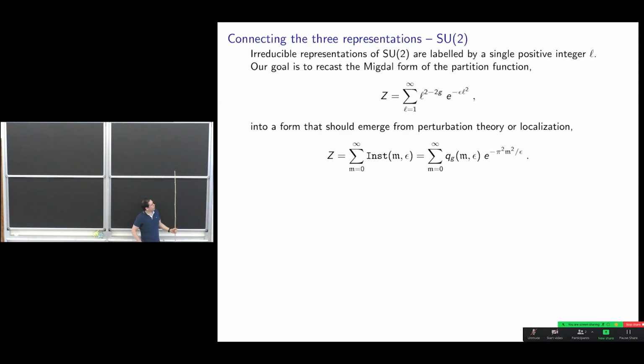The question is, can we recast this expression in an expression of this form, where I have a sum over these instanton sectors, and I know that in the end it should look like this. This is the action evaluated on the instanton sector labeled by the magnetic charge M.